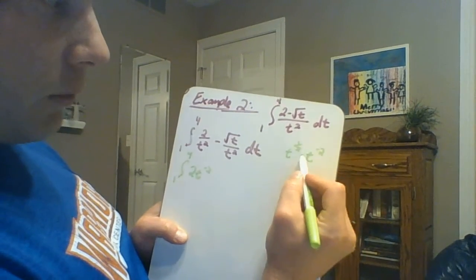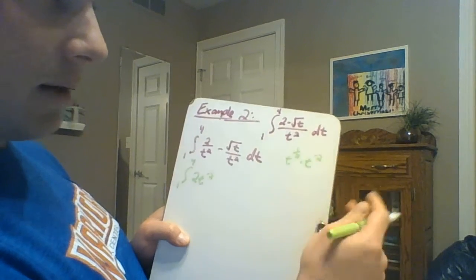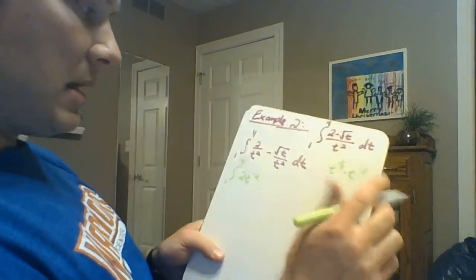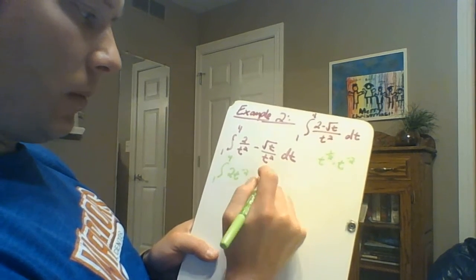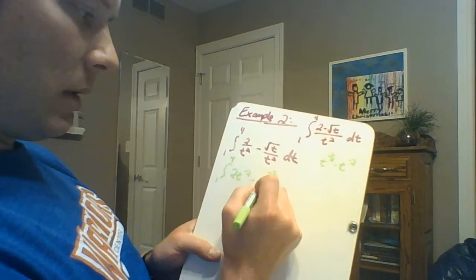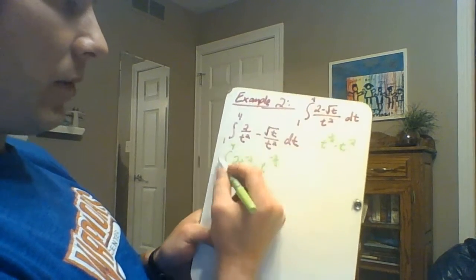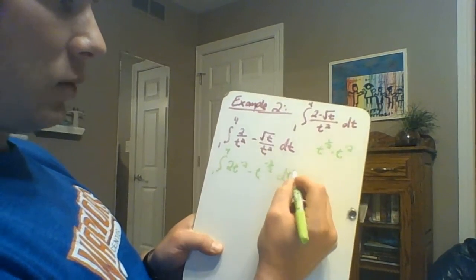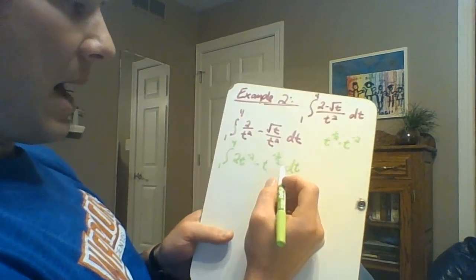And remember how if we're multiplying with the same base, we add up the exponents. So we have t to the negative 3 over 2, right? So like I said, being able to understand that this here can be rewritten in this way, using some algebra and some exponent rules, is going to help out a lot.